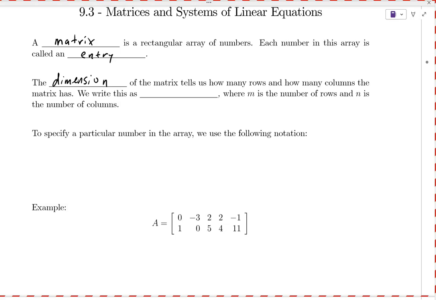If you have m rows in your matrix and n columns, we say it's an m by n matrix. So we read that little, what looks like a times sign, as by. Okay, so the m by n matrix.